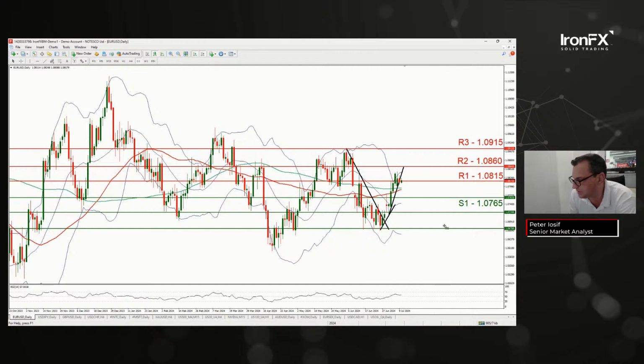The S2 at 1.0720. And finally the S3 at 1.0670. There we have it.